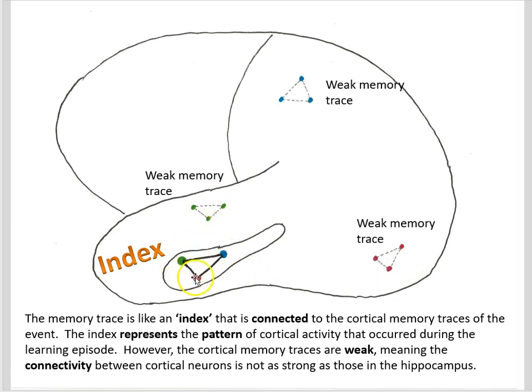So we want to think of this index as representing a pattern of neural activity out in the cortex. However, the cortical memory traces are weak, meaning the connectivity between the cortical neurons is not as strong as those in the hippocampus. And we're indicating this with dashed lines between the cells involved in the memory trace in each region of the cortex. So the hippocampal memory trace is strong, indicated by solid lines here, but the cortical memory traces are weak.